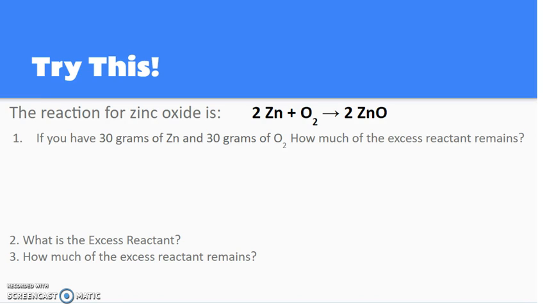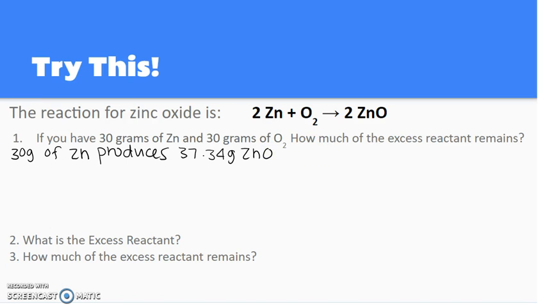When we did our last problem, we solved for our limiting reactant. We found out a couple of things. We found out that 30 grams of zinc produces 37.34 grams of zinc oxide.